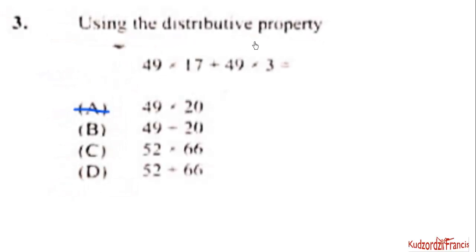Using the distributive property, 49 times 17 plus 49 times 3. So this one too is a very familiar question, and I know most of you also score this.